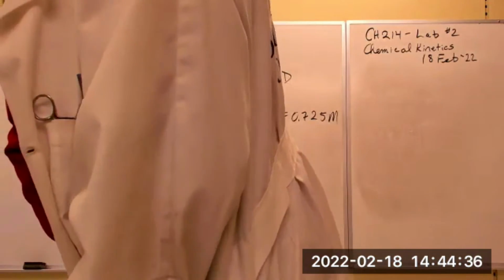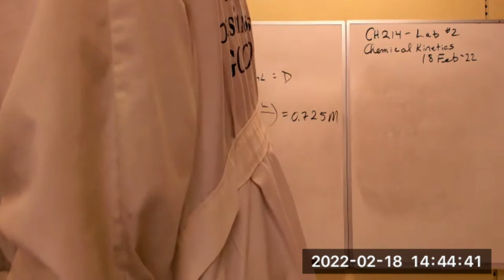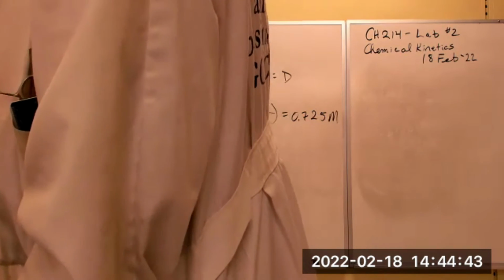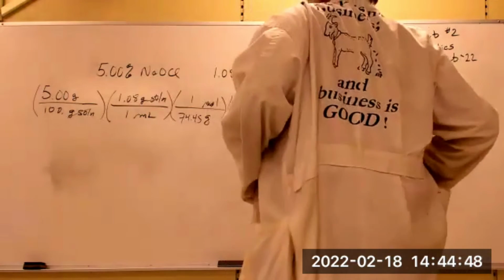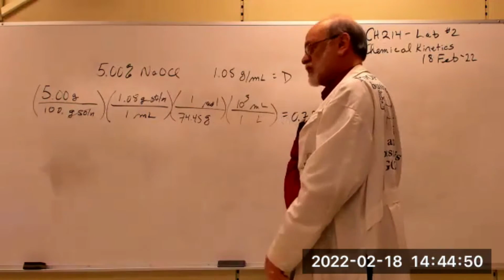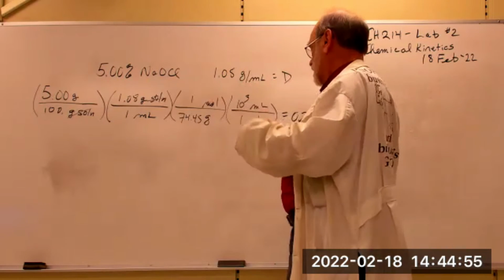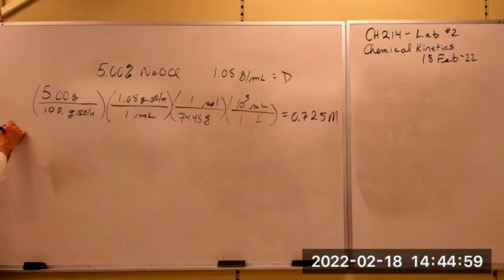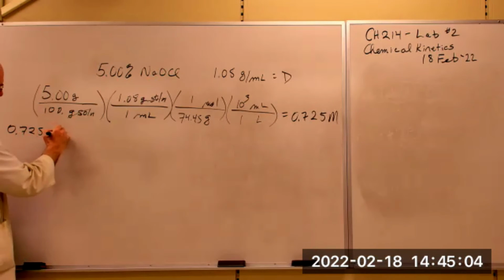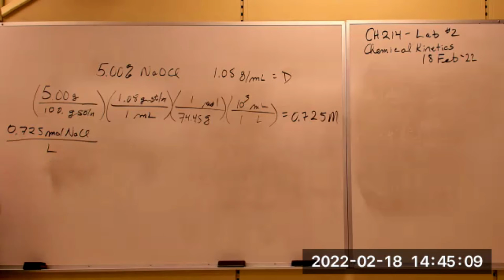All right. How many grams per liter of sodium chloride are required in order to prepare a solution with a concentration equivalent to the solution in question 1? So if we want that concentration to be reproduced in our sodium chloride additive, then we need 0.725 moles of sodium chloride per liter.